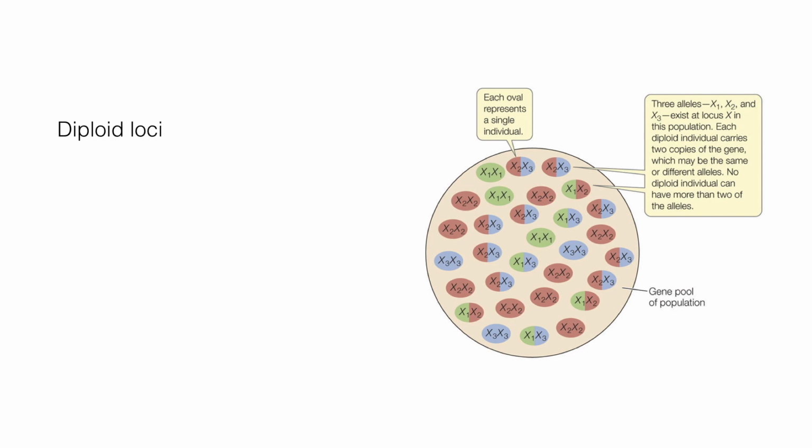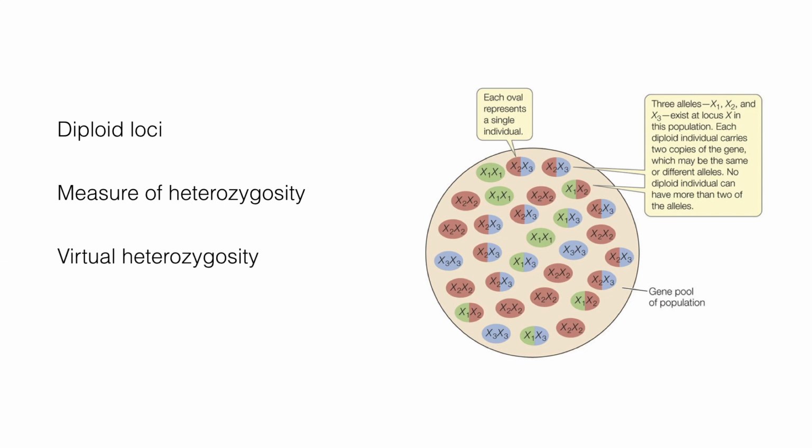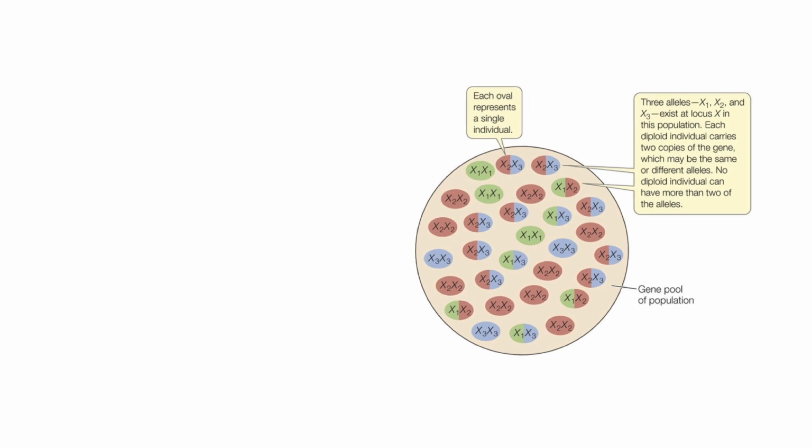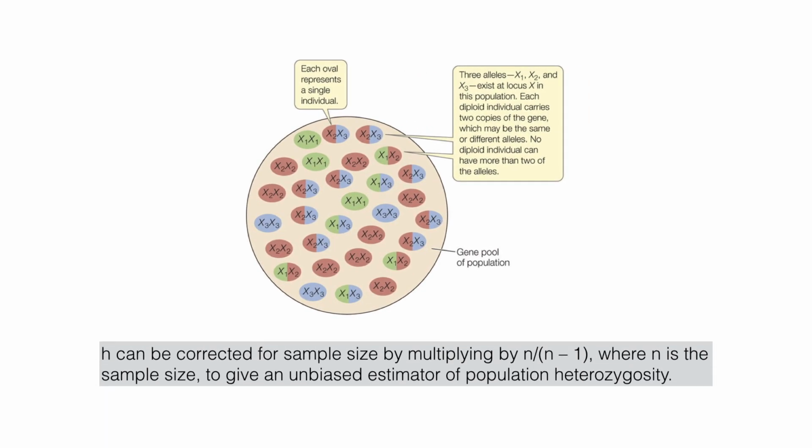In the simple case, for diploid loci, this statistic is referred to as a measure of heterozygosity, which becomes virtual heterozygosity at haploid loci. This measure of heterozygosity, or gene diversity, can be corrected for sample size by multiplying by n divided by n-1, where n is the sample size, to give an unbiased estimator of population heterozygosity.